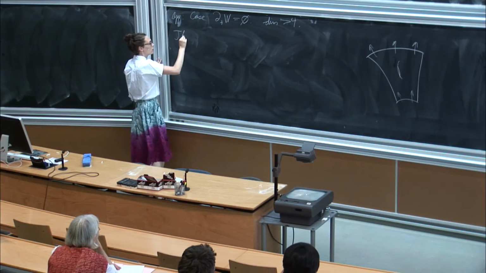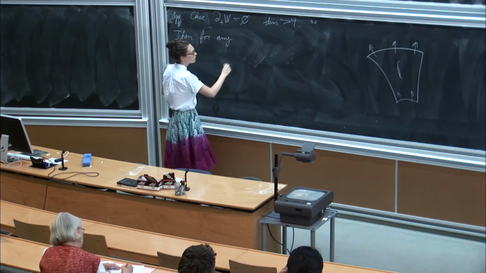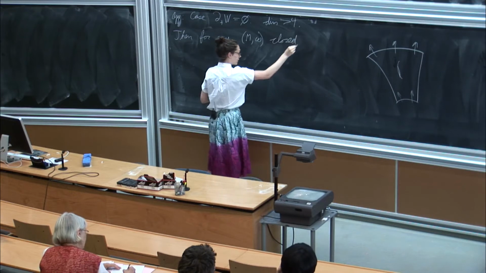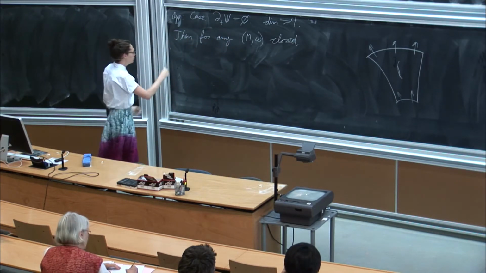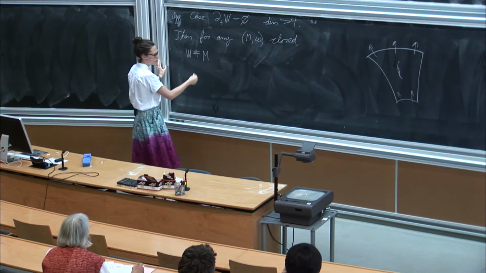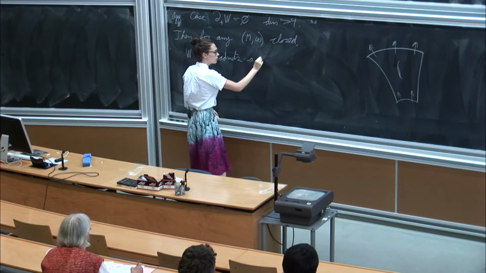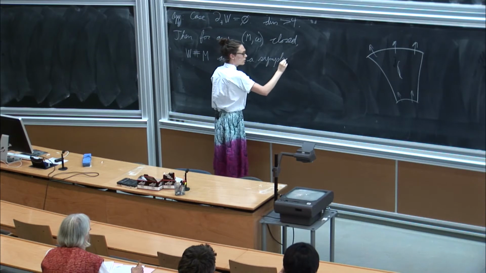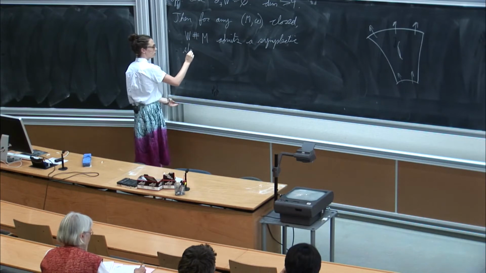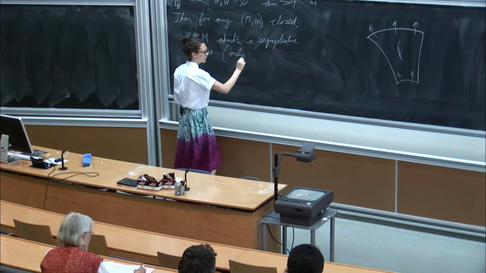So then if I have any closed symplectic manifold, W connect sum M has a symplectic structure. And so here I have only concave boundary.